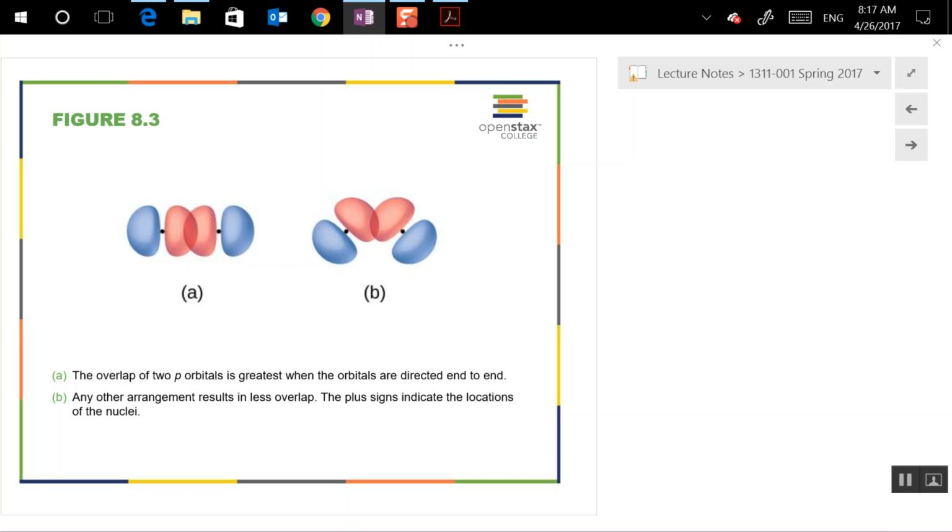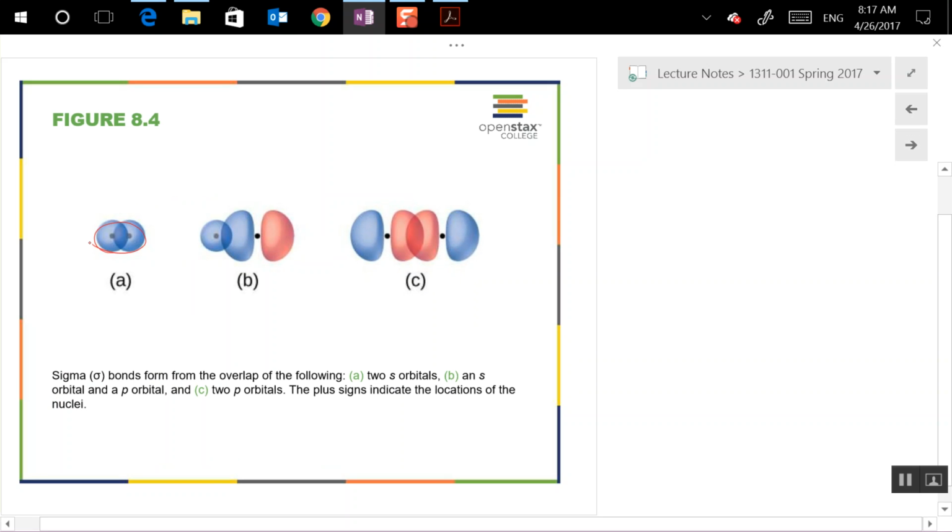And so that goes into the concept of, well, what is hybridization? Okay? So here we see that we have an overlap of a p orbital with another p orbital, and that would give us one type of bond. Here, this would be more of a sigma bond. Okay.